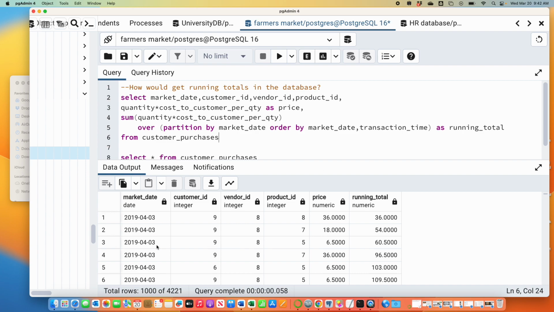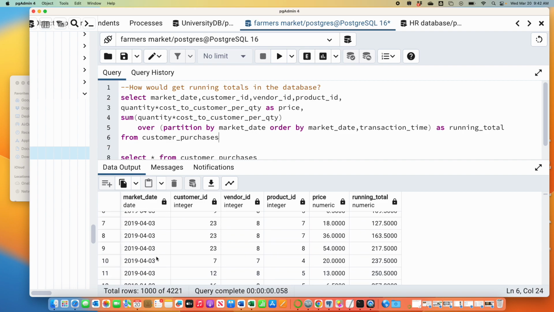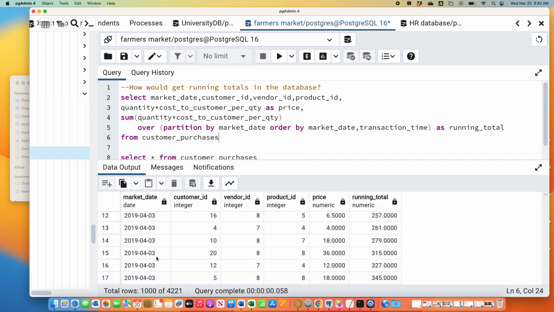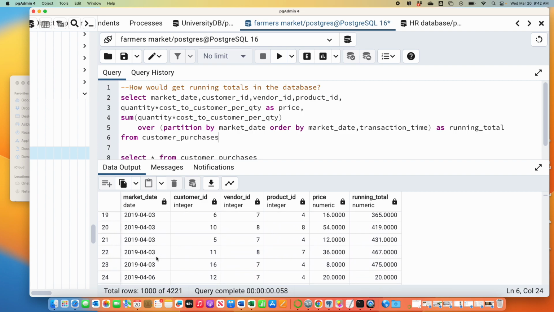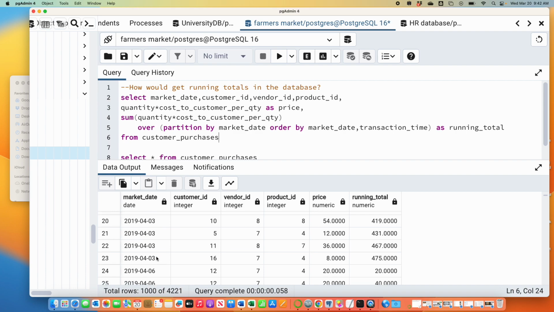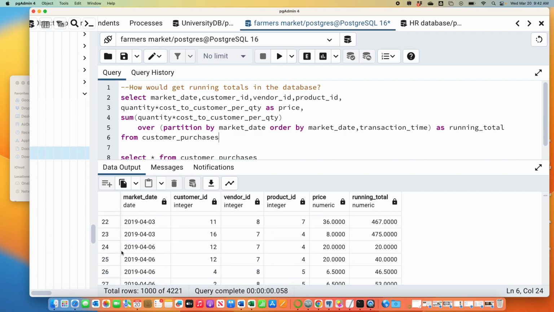And it's showing me the output by day. So here, as I scroll down from April 3rd, notice at line 24 what happens. That 475 gets knocked down to a 20. Why do you think that's happening?